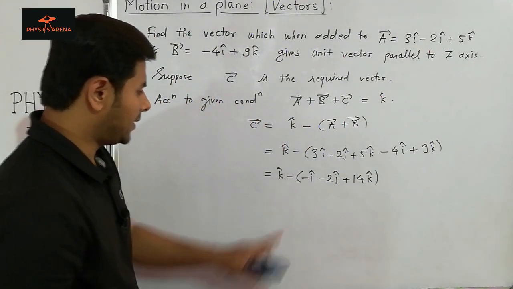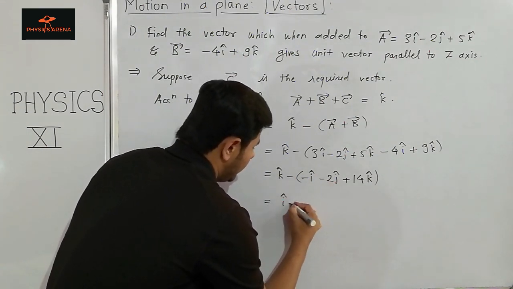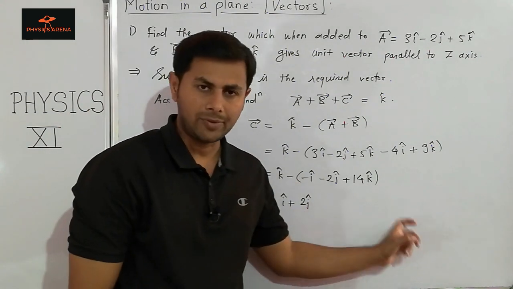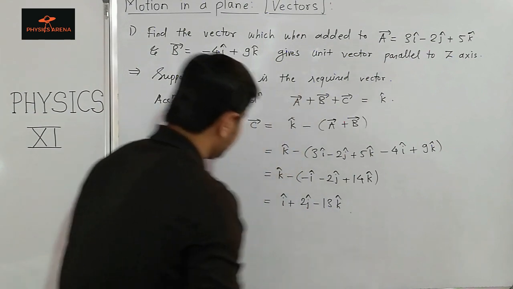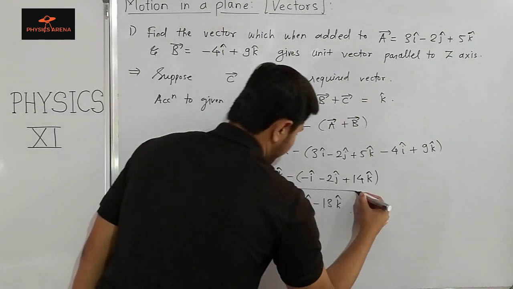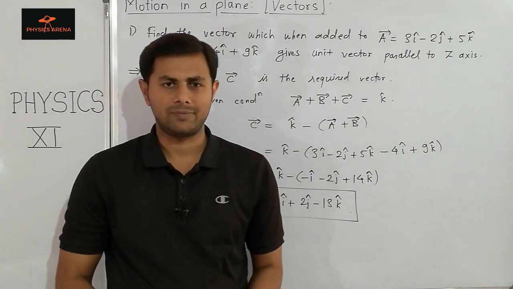Now this negative sign, so it becomes i plus 2j and k minus 14k, which is minus 13k. Check my algebra. So if everything is fine, then this is the answer. Very simple.